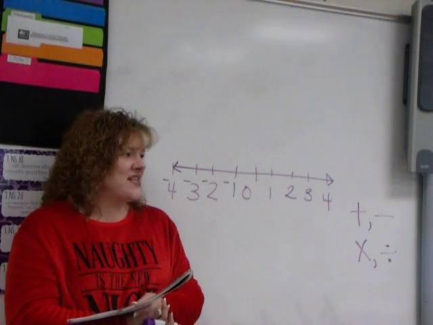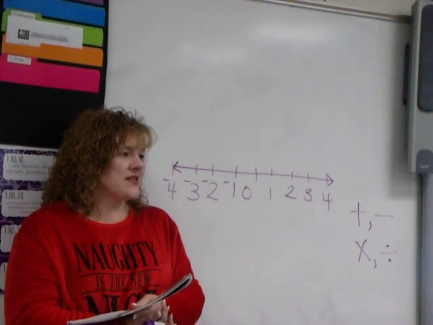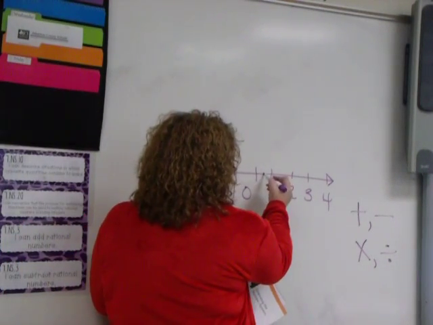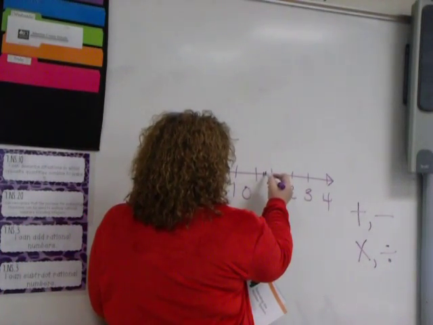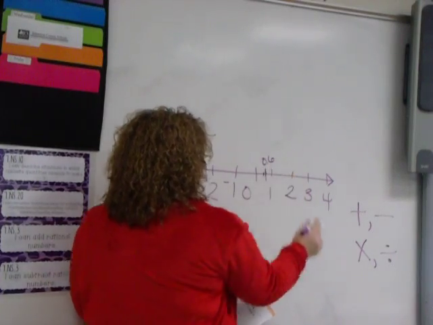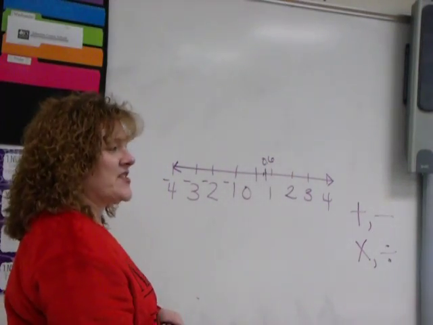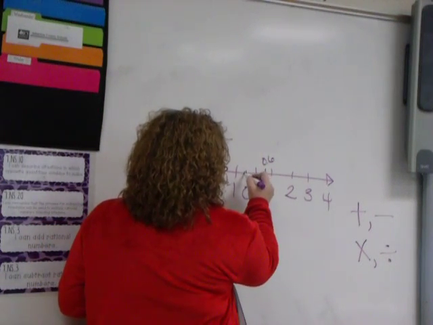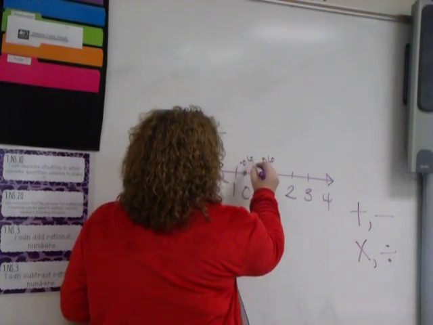So where is the negative 6/10? Now a half is here, and we know that 0.6 is going to be a little bit to the right of that. So that's positive 6/10. Where's negative 6/10? That's going to be the negative 6/10.